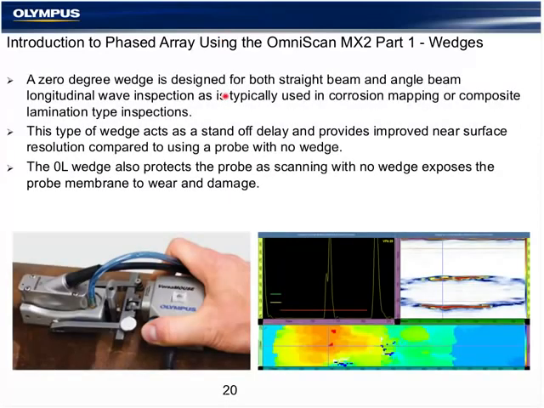Wedges also include accessories and water ports, or the ability in this case to stand flat on a pipe without a curved, without a radius wedge. The 0-degree inspection we're looking at here, that would be a corrosion map, one-line scan.